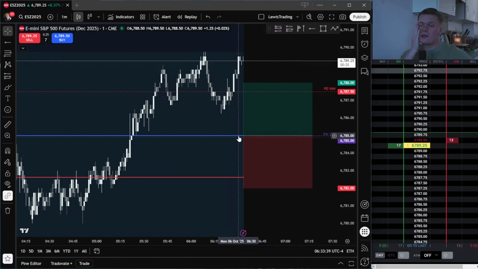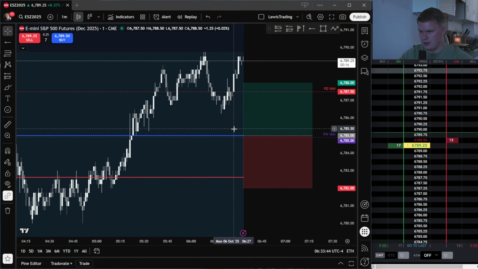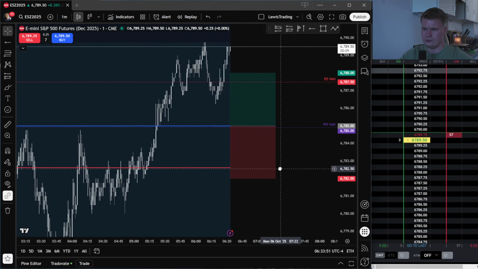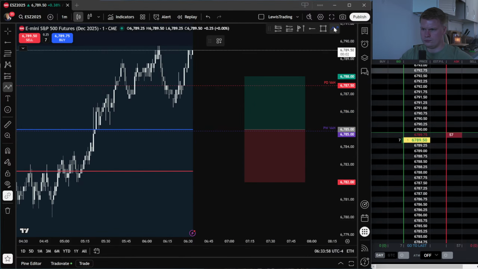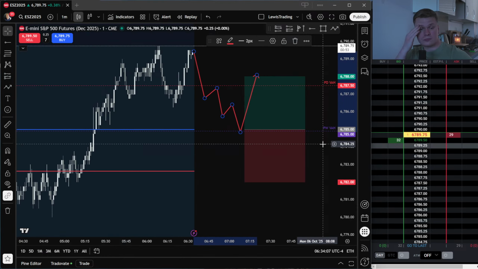Yeah, price has unfortunately not come down to where we was, but it would have been lovely. That's what we're looking for.